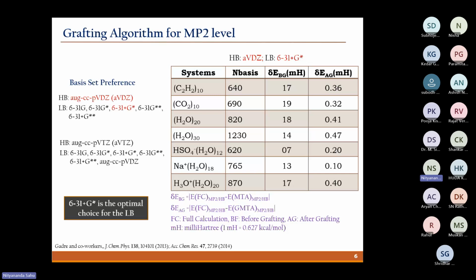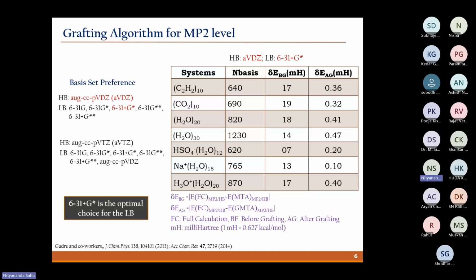Now the errors are in the sub-millihartree scale. And remember, 1 millihartree is only 0.6 kilocalorie per mole, which is well within the chemical accuracy. When you achieve a sub-millihartree scale, that means your energy is bypassing the full calculation.